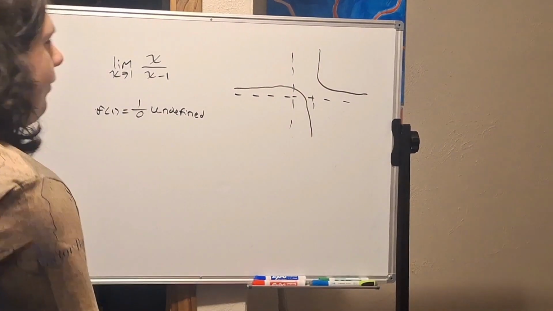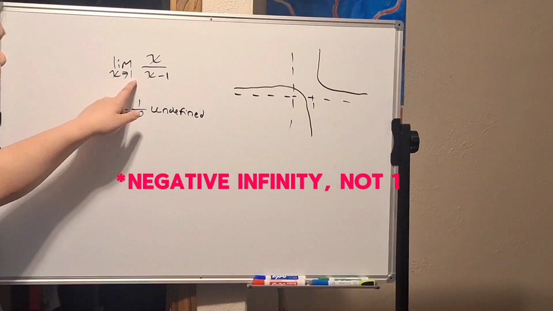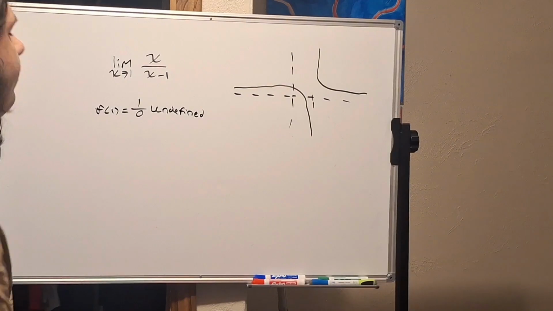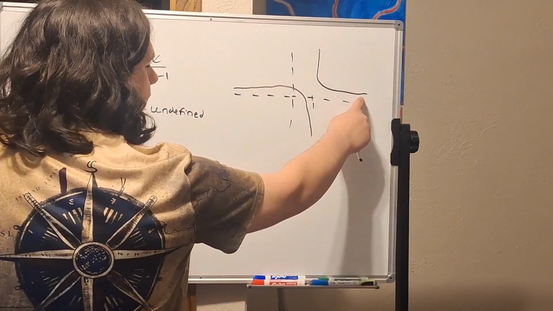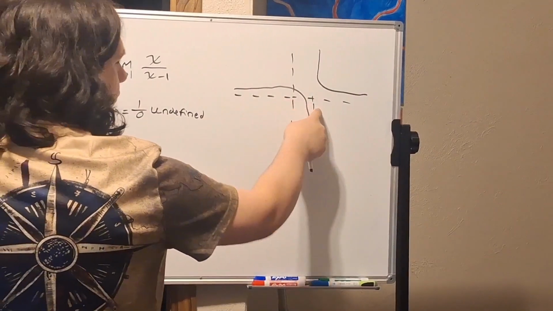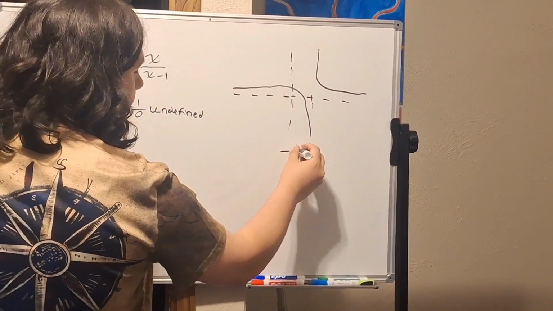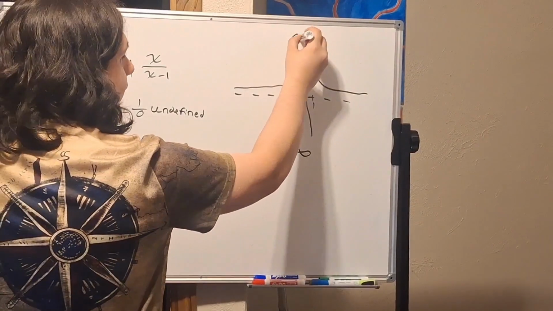So, from the left side, our limit would actually be 1, but this is from both sides. So let's see what happens from the other side. Well, as this goes, you can see that it's going up infinitely as it approaches 1. The opposite. This is going to negative infinity, and this is going to infinity.